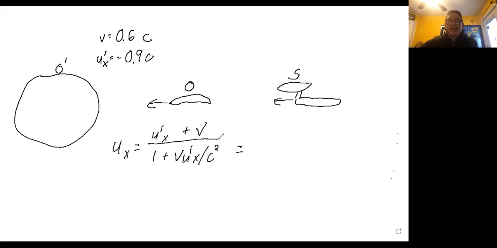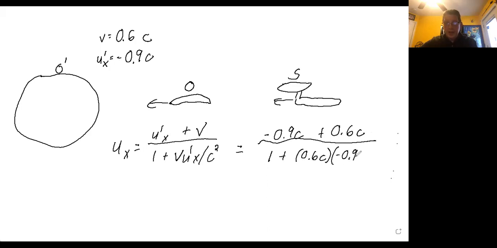So u primed x, that's negative 0.9 c plus 0.6 c. So basically the numerator is the non-relativistic velocity. And then we have 1 plus v, which is 0.6 c, and multiply by u primed x. So keep the negative in. Divided by c squared.